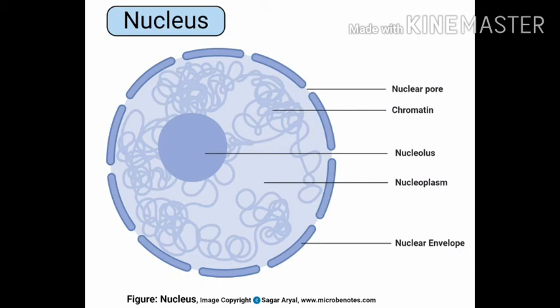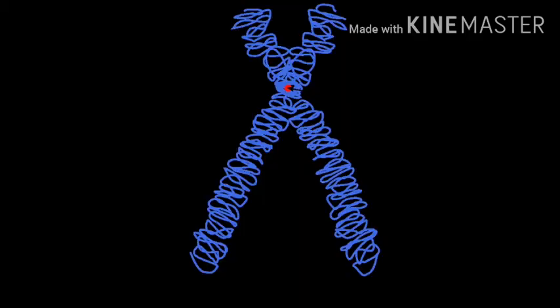They carry the genes which order the cells to perform all their functions. This is why the nucleus is often called the control room of the cell. The genes are also responsible for passing the hereditary or genetic characteristics from parents to the offspring.